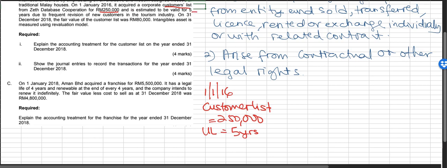Due to the revision of new customers in the tourism industry, on 31st December 18, the fair value of the customer list was 80,000. IA is measured using the revaluation model.